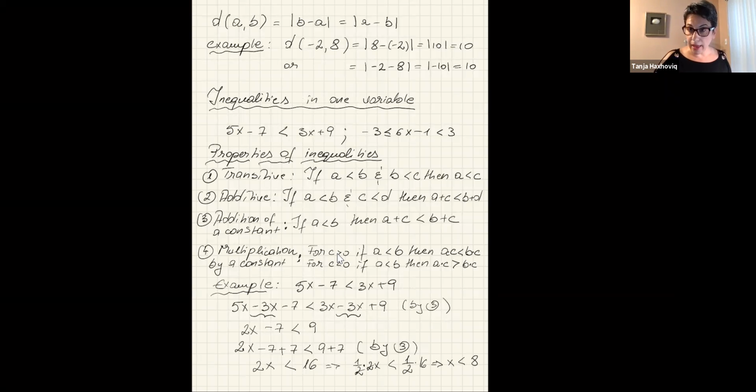You need to write that as an interval. So how do you write x less than 8 as an interval? The solution is all numbers that are strictly less than 8. As an interval, you write that as minus infinity to 8, but 8 is not included.